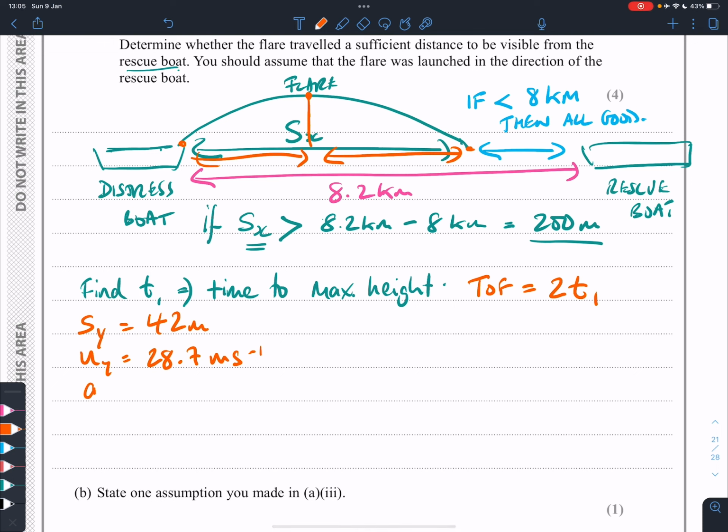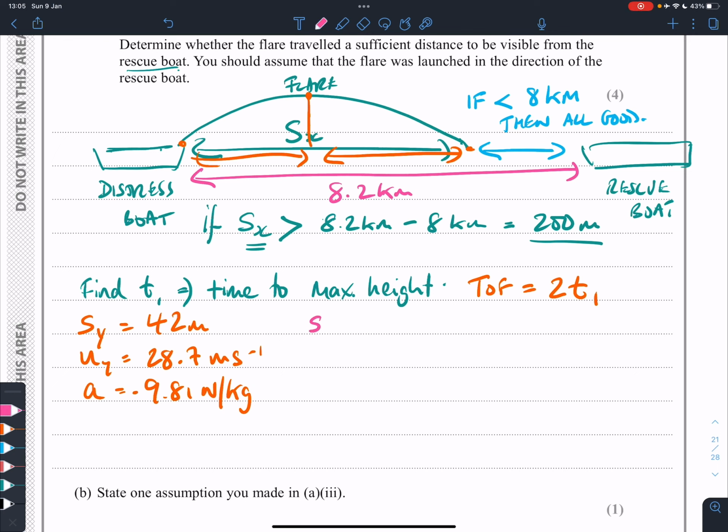We know the acceleration due to gravity, and this is 9.81 newtons per kilogram. I could write meters per second squared, but I like newtons per kilogram, the gravitational field strength, which I prefer. And also it's minus.